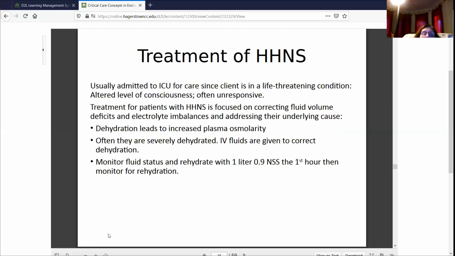Dehydration leads to increased plasma osmolarity. Often they are severely dehydrated. IV fluids are given to correct dehydration. Monitor fluid status and rehydrate with 1 liter of 0.9 normal saline solution the first hour, and then monitor for rehydration.